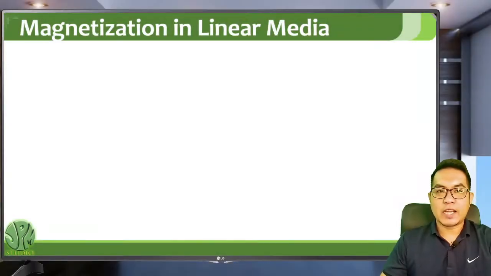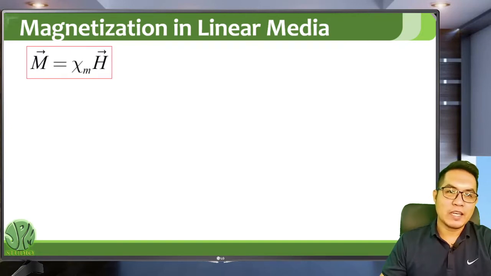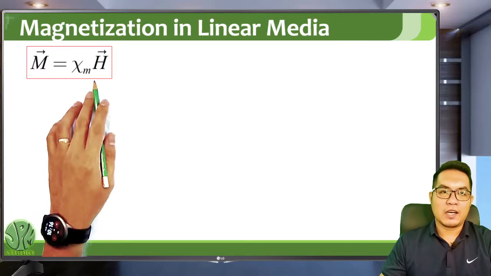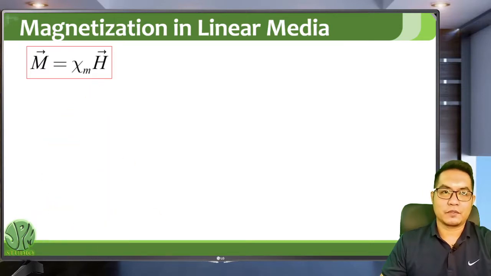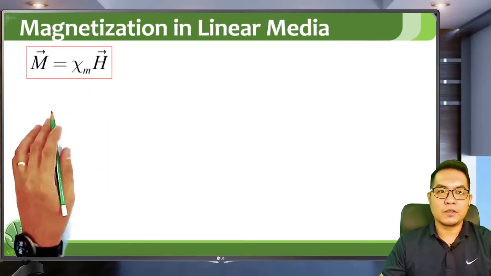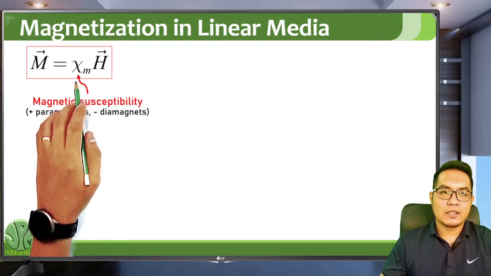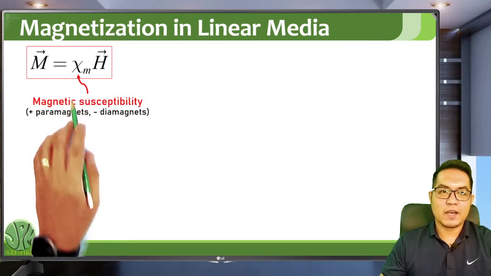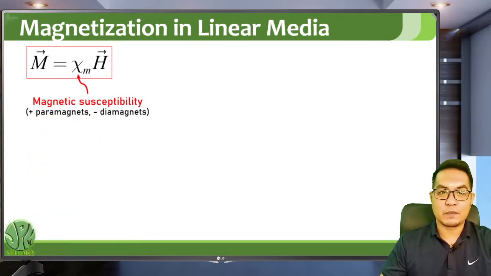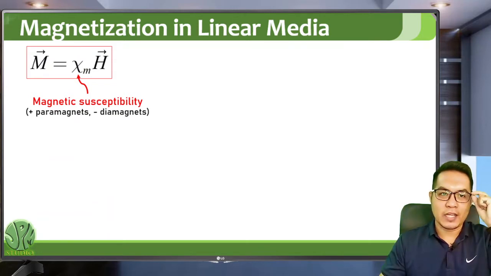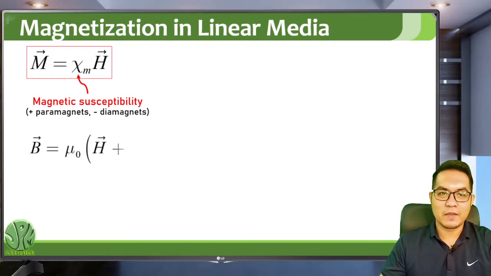Similar to electrostatics, we'll only consider linear media, the media wherein the magnetization is linearly proportional to the auxiliary field. So this quantity here, chi sub m, is what we call the magnetic susceptibility. It's just the magnetic equivalent of electric susceptibility. It's positive for paramagnets and ferromagnets, and negative for diamagnets.